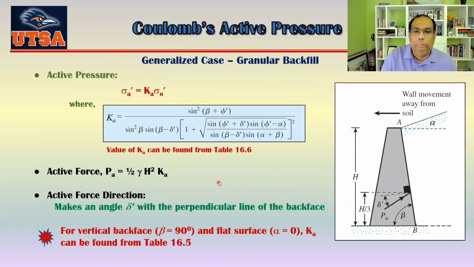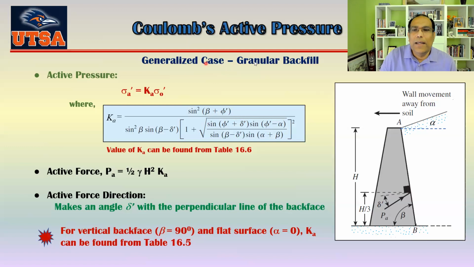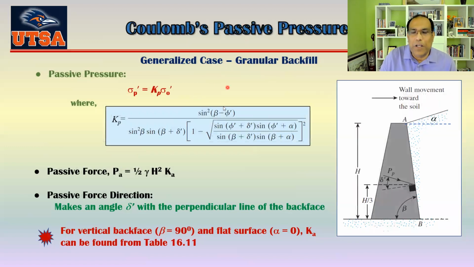Now, let's take a look at Coulomb's passive pressure. Actually, Coulomb doesn't have that many cases here. There are only two different cases: the generalized case for granular backfill for active pressure, and the generalized case for granular backfill for passive pressure.